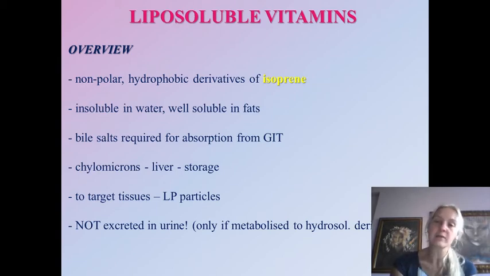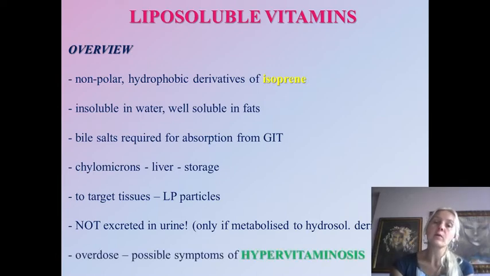For example, vitamin K can be metabolized into a metabolite which is soluble in water and thus excreted in urine, but others cannot. So in this case, with liposoluble vitamins, we have something that we haven't had with the water-soluble vitamins, and that is the situation of overdosage with liposoluble vitamins, thus exhibiting possible symptoms of hypervitaminosis.